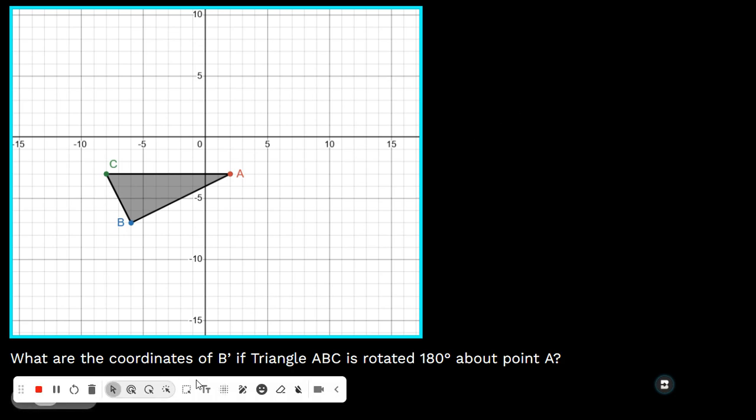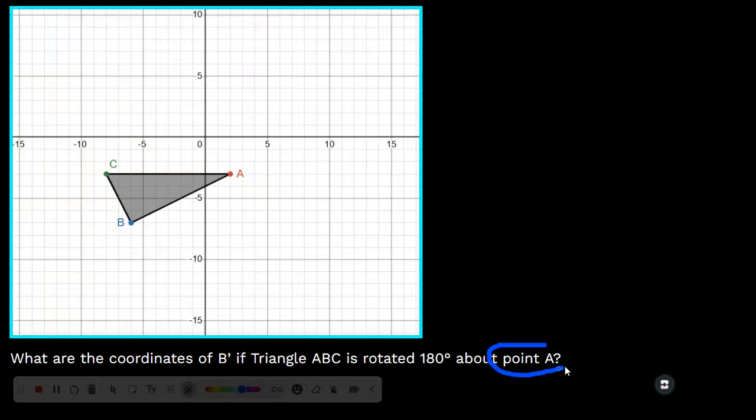So let me grab my pen real quick here. Because when it says about point A, we have to create a fake origin. So we're going to use our real rotation rules, but when it says about a fixed point, we have to make a fake point.